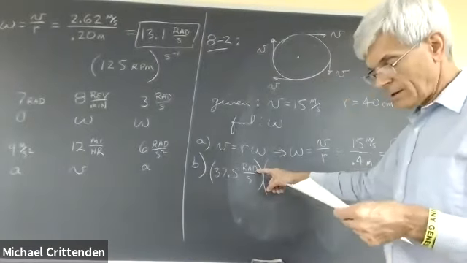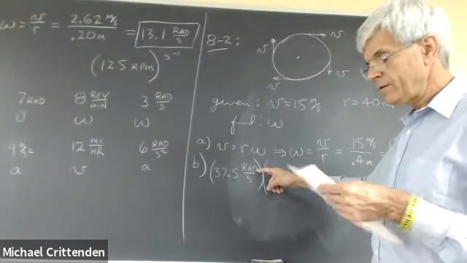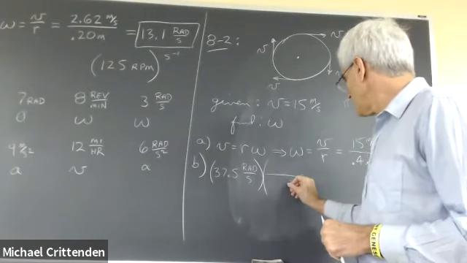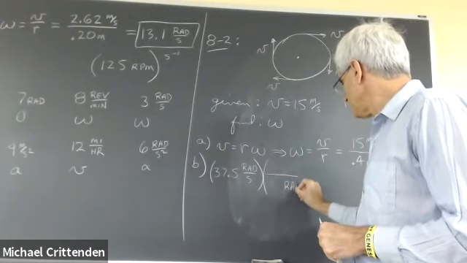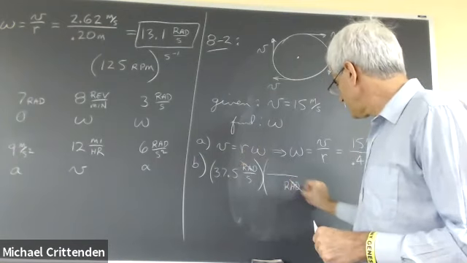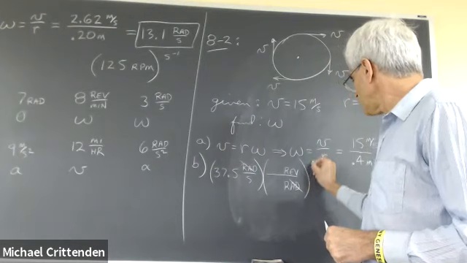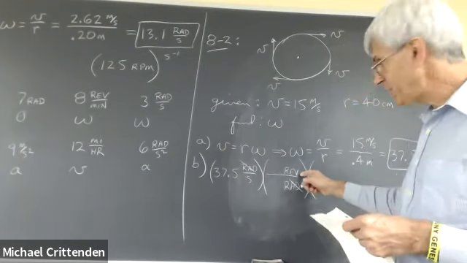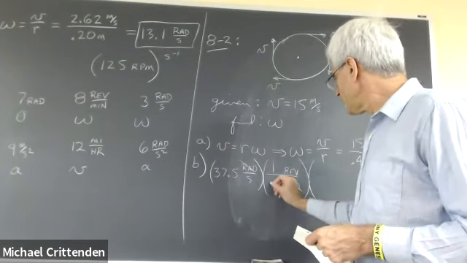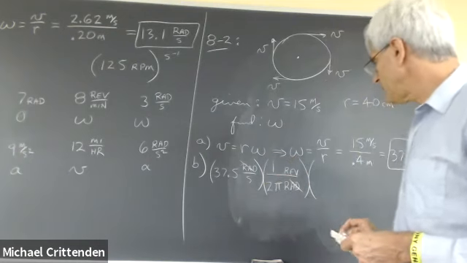Since radians is on top, you want radians on the bottom, so that they'll cancel. Revolutions is what you want to have to replace it. 1 revolution equals 2 pi radians.